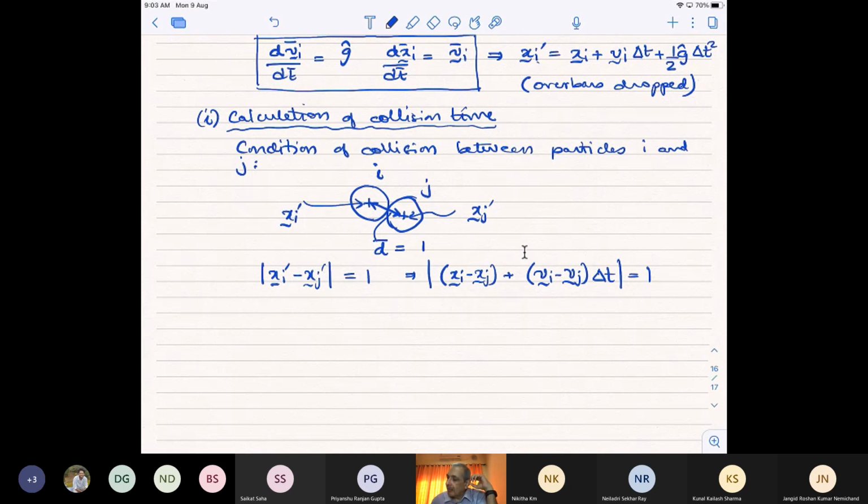What happened to the third term? Since it's the same for both particles, it simply cancels out, so you only get two terms here.